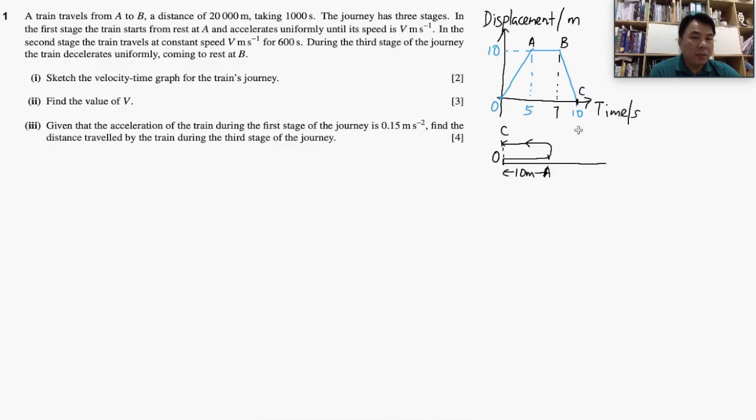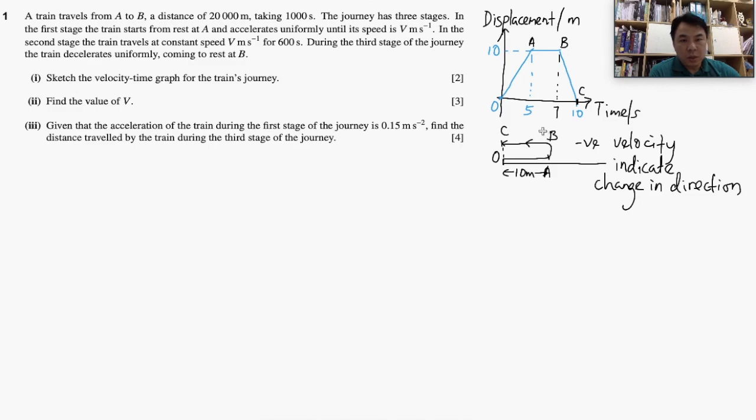Now, negative velocity indicates a change in direction, so you have to remember this. You can see from this diagram that there is a change in direction from B to C.